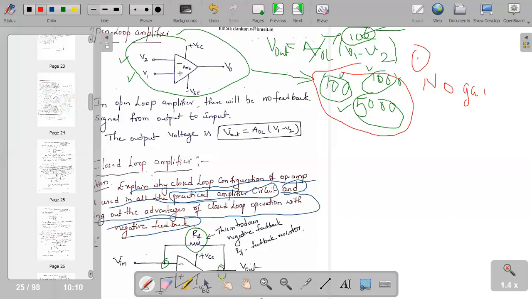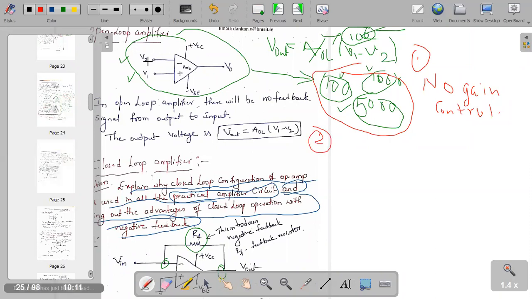You cannot have an op-amp with a gain of 500 or 1,000 or 5,000 under open loop mode. The open loop gain is 10 power 6, that is fixed. You cannot vary it, you cannot design your own gain under open loop configuration. So that's why we are moving to a closed loop configuration. This problem is eliminated in closed loop configuration.